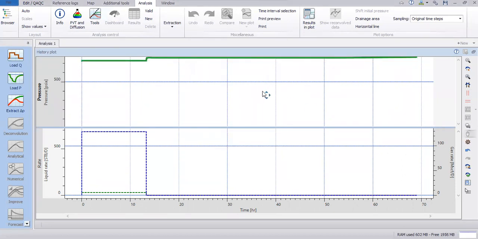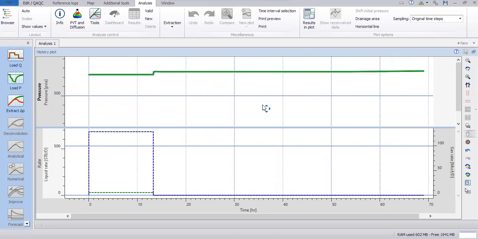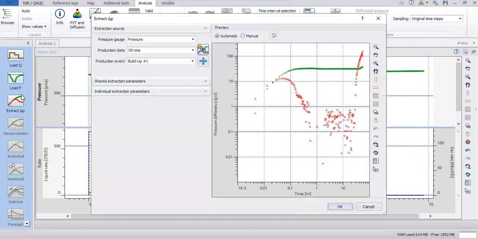Okay, so yeah, if you want to do that, you can use this panning. So the difference between the flowing pressure and the build-up pressure is very small. It means the skin will be small, but I'm not sure what happened. So let's just see, extract delta P.